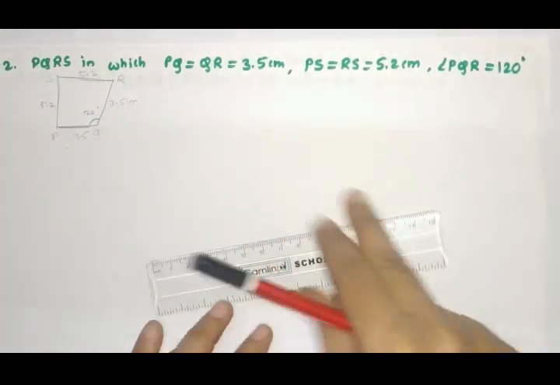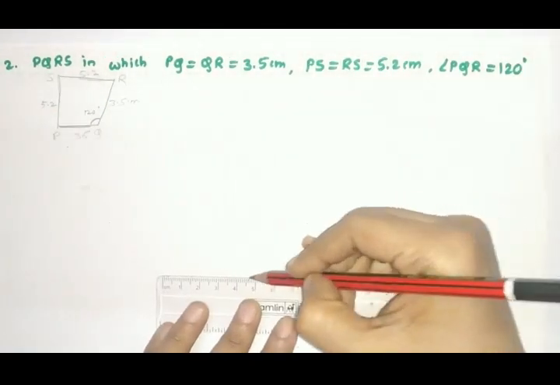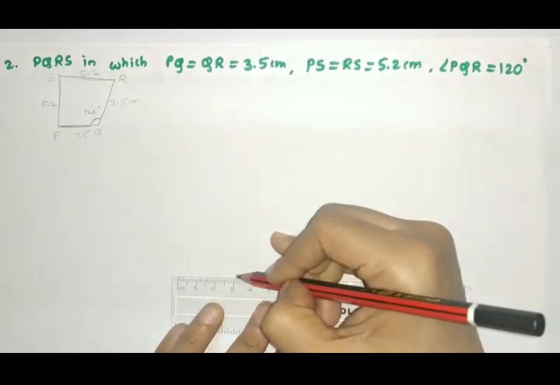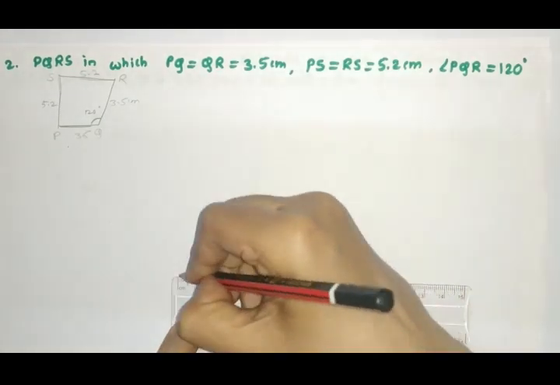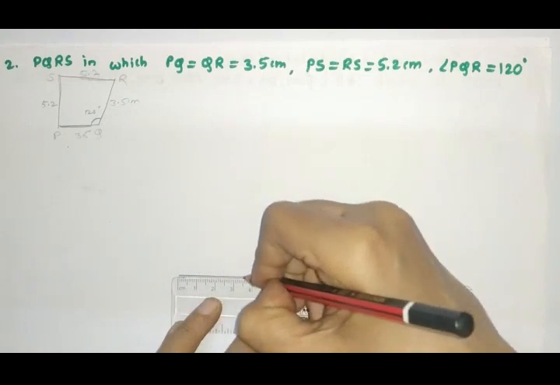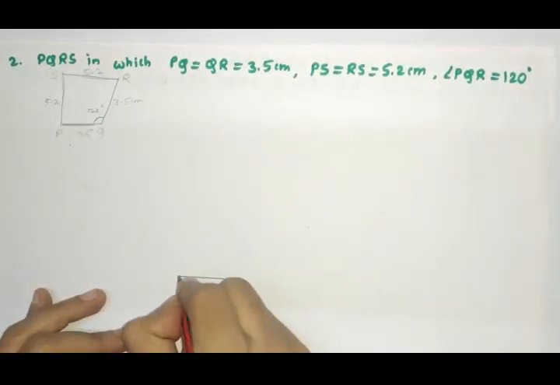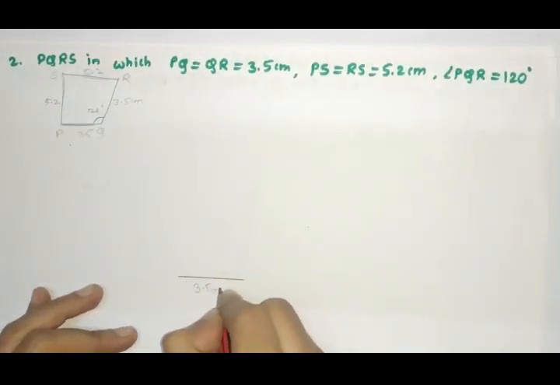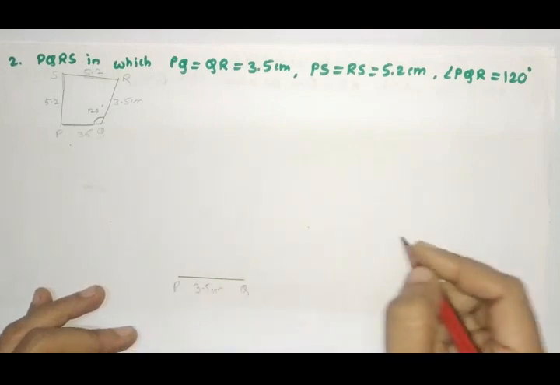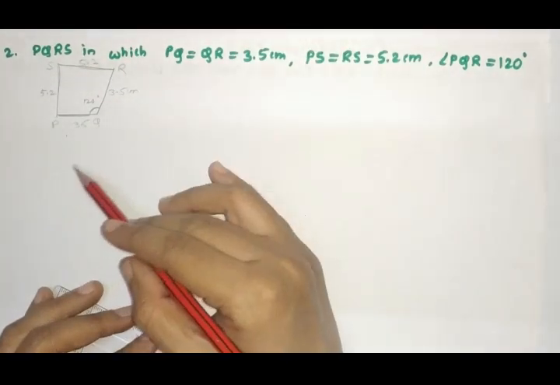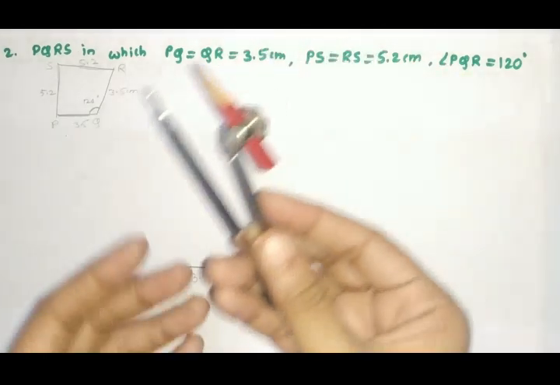First of all, take PQ as 3.5. So we'll take PQ 3.5 here. This is P and this is point Q. At Q we need to draw the 120. So 120 you can draw using this rounder also.